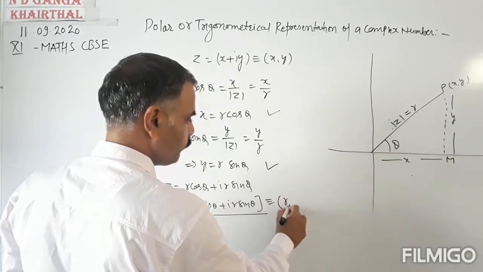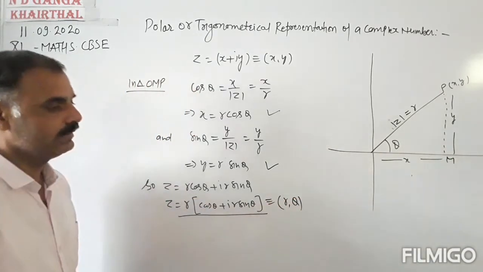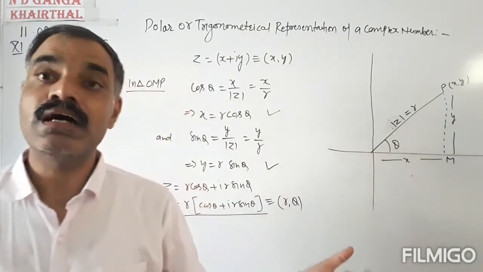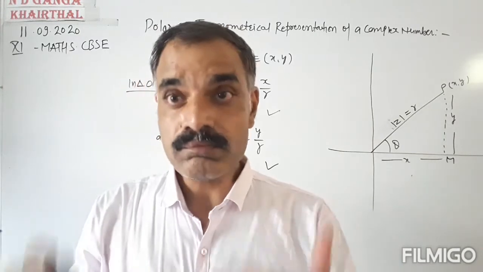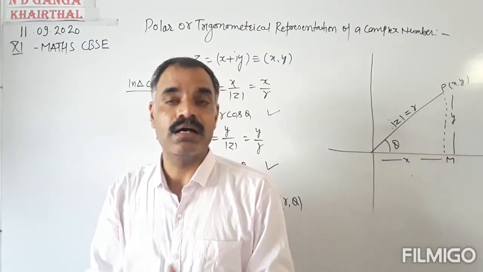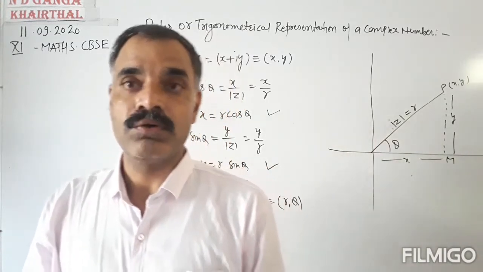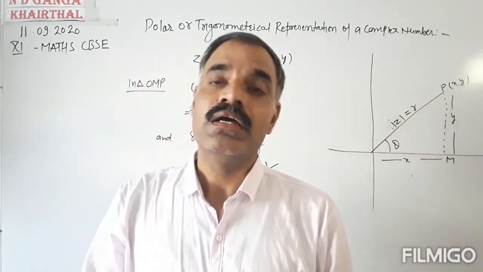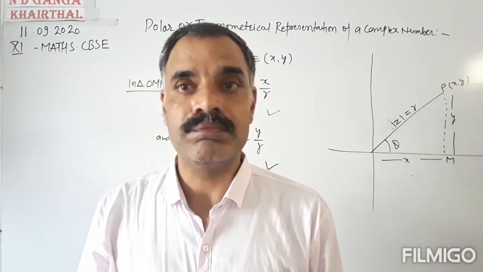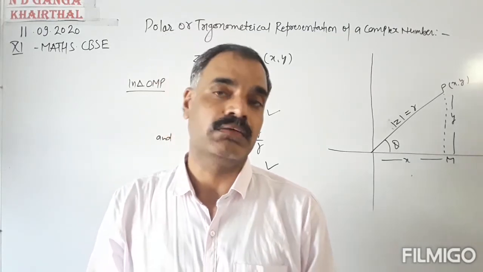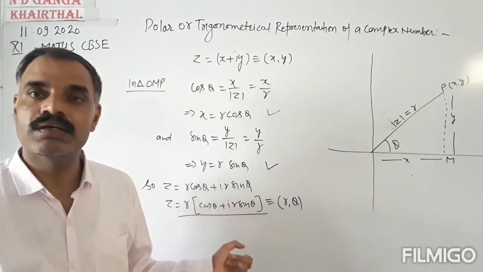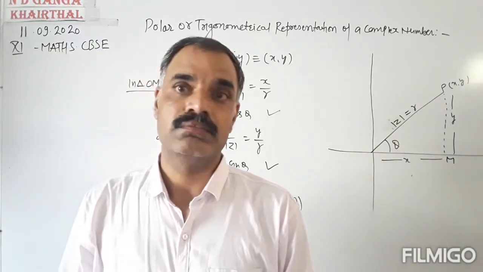This is in the form of modulus r and the amplitude theta. A complex number in the form of modulus and amplitude theta is called the polar form or the trigonometrical form of the given complex number.